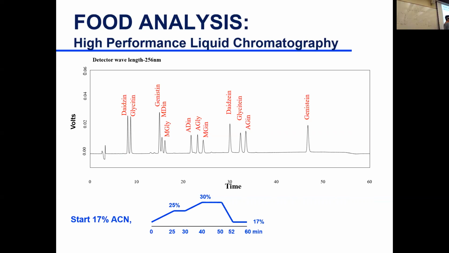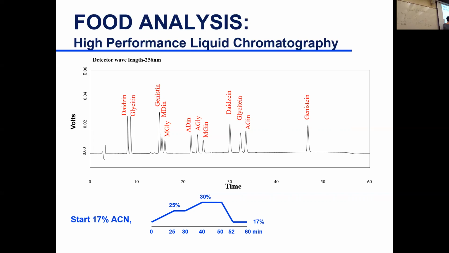The other question that I don't have here is, here there is a step gradient. What that means is that you're not going linearly from 17 to 30 right away. You are keeping an isocratic hold in the middle. So you keep it at 25 for a little bit, you keep it at 30 for a little bit.